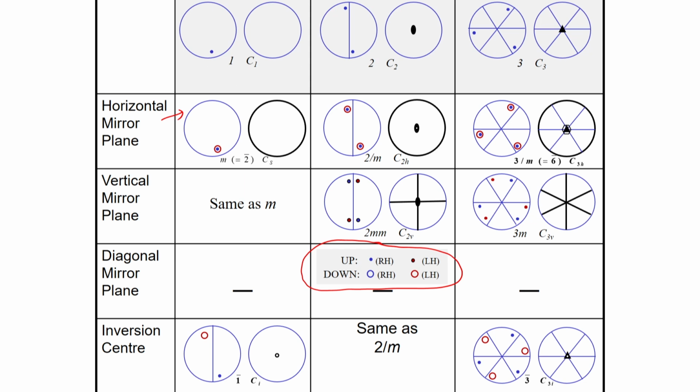Now, consider adding a horizontal mirror to the point group 2. Well, in this case we had 2 points in the upper hemisphere. Those 2 points get reflected down through the mirror, and as a result we get our motifs in this fashion.